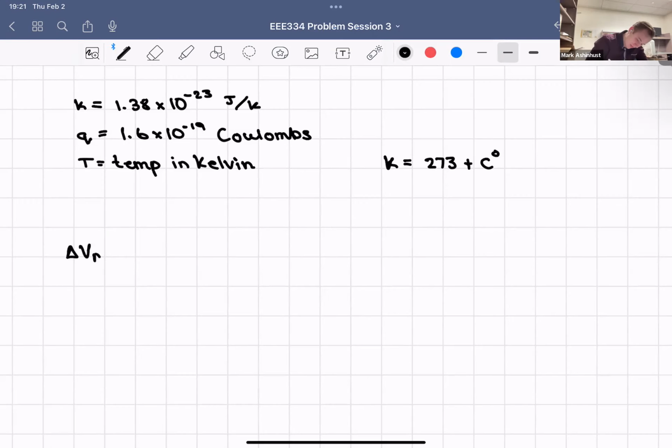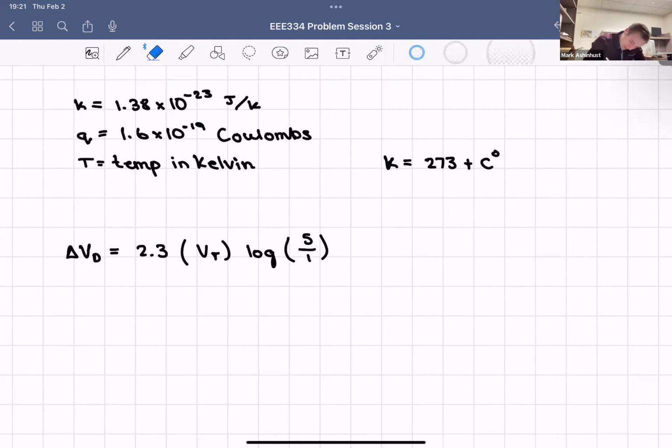We have our change in VD is equal to 2.3 times our VT, what we just solved for, and then our log of our change. So 5 over 1, which would just be 5. That's our change. So our change in VD at 20 degrees Celsius with a new current of 5 milliamps is equal to 40.6 millivolts.